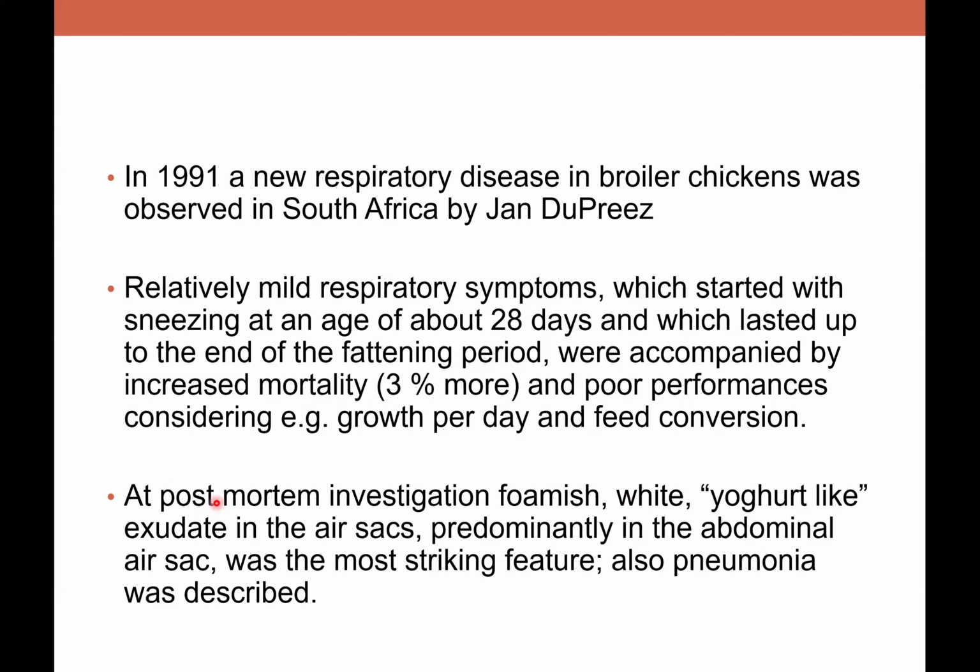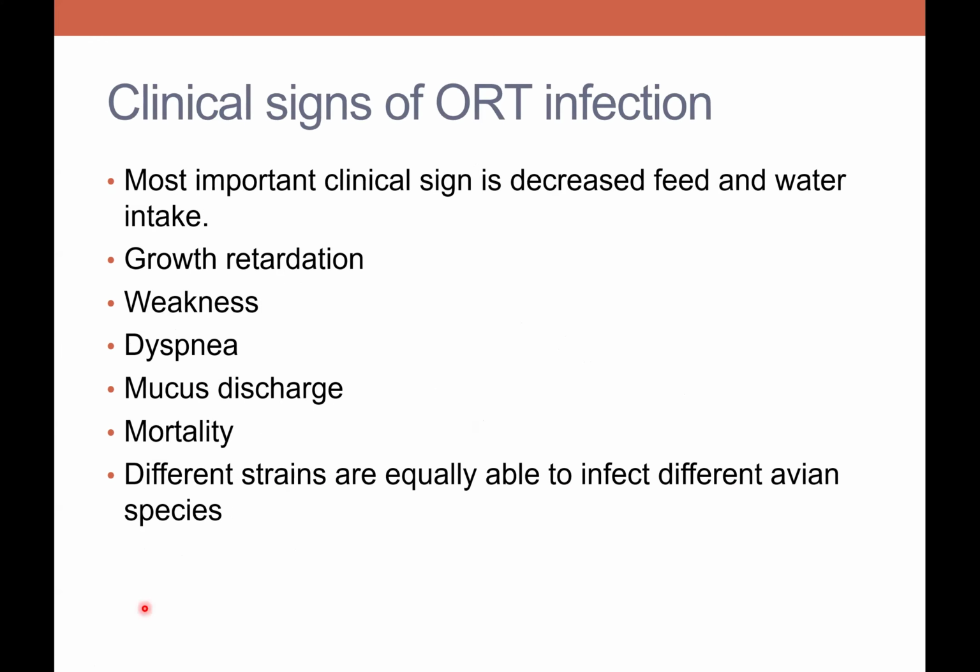So at post-mortem investigation, there can be the yogurt-like exudate in the air sacs, and mostly this is seen in the abdominal air sac. And there can be pneumonia. The most important clinical sign is decreased feed and water intake.